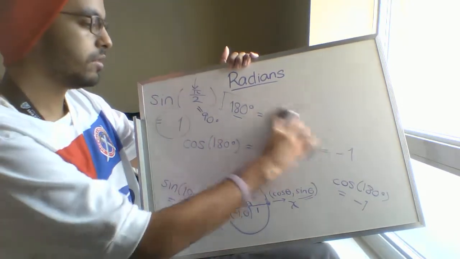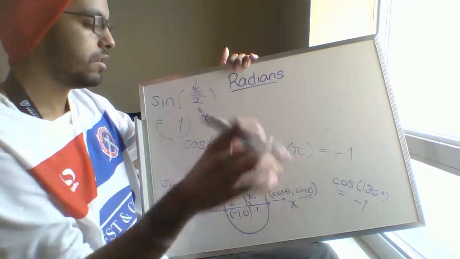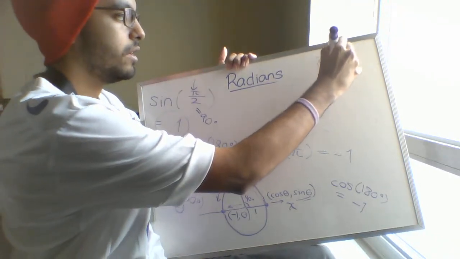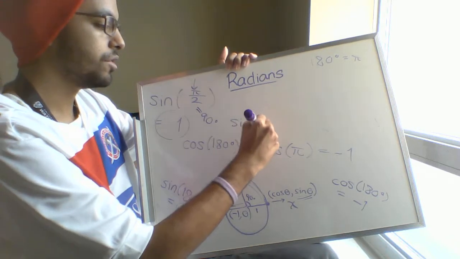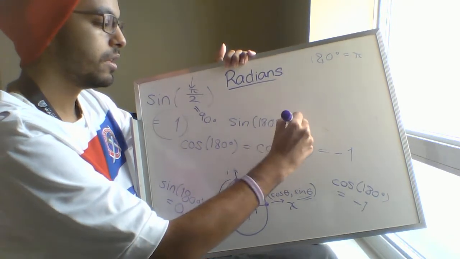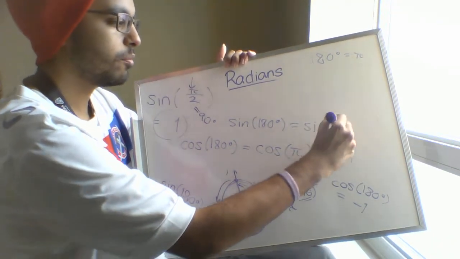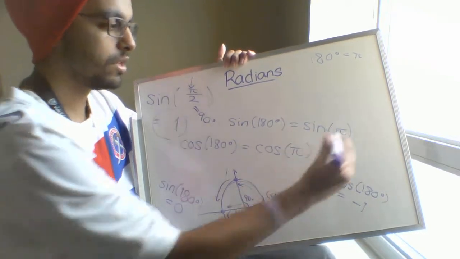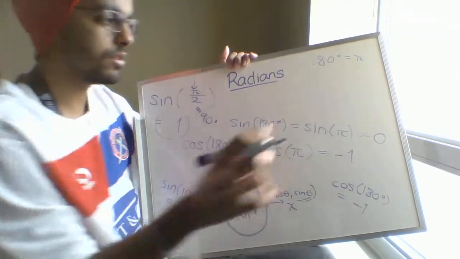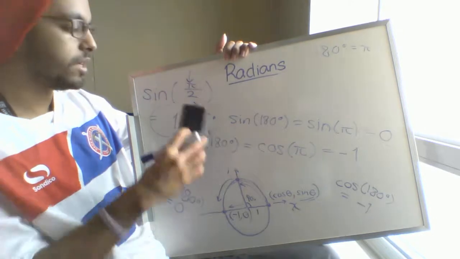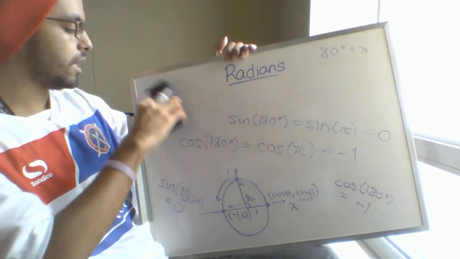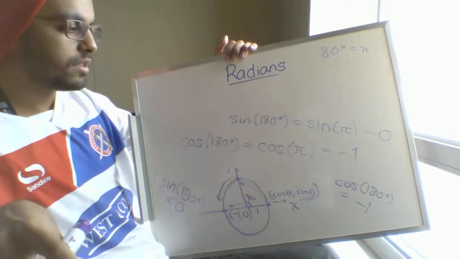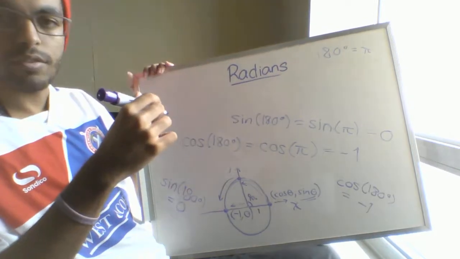And similarly, we know 180 degrees equals pi, so sine of 180 degrees is equal to sine of pi, and we just found with the unit circle that that is equal to 0. At this point you can hopefully see where we're going, but if not, we're going to get there in just a sec. Now you can use this information and plug it into Euler's formula.